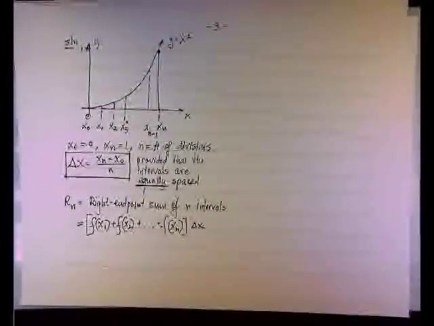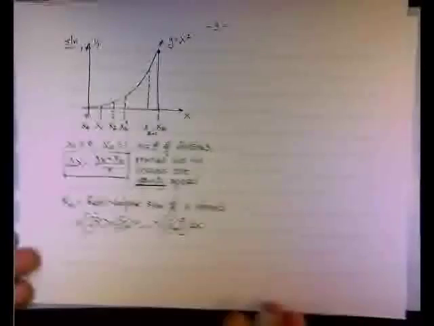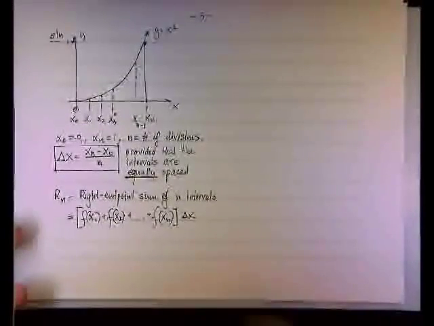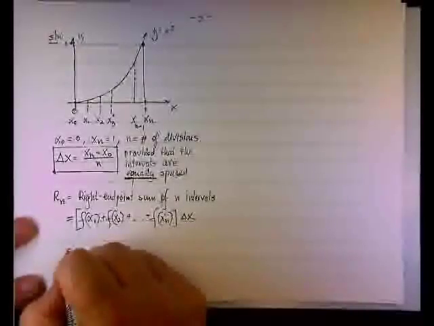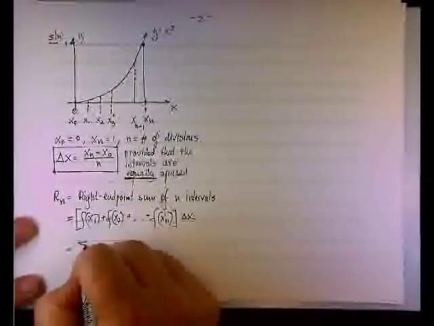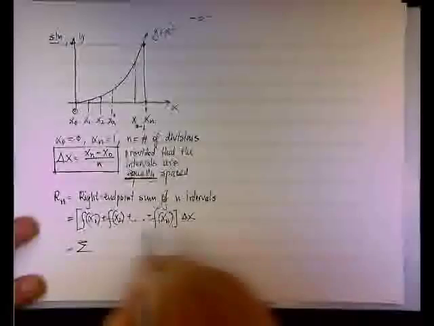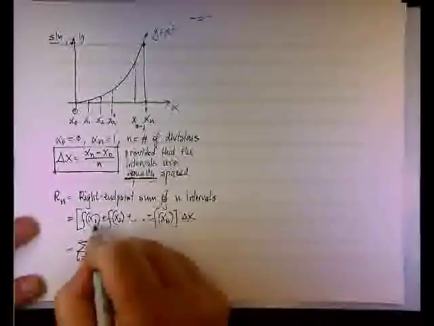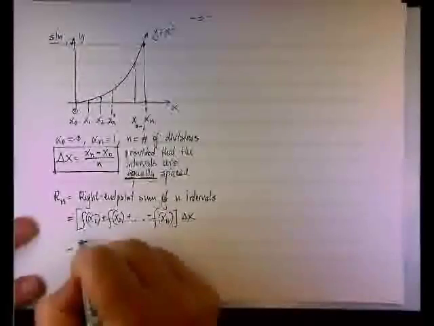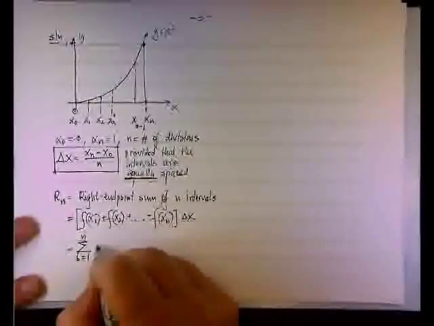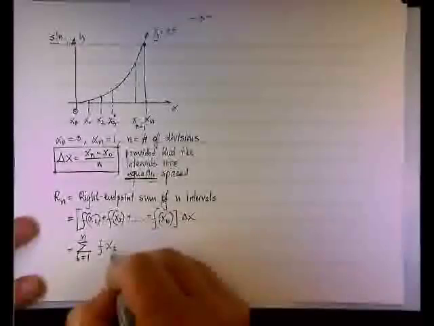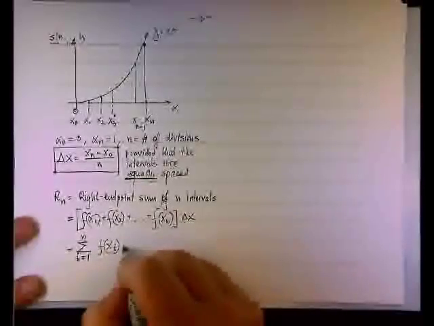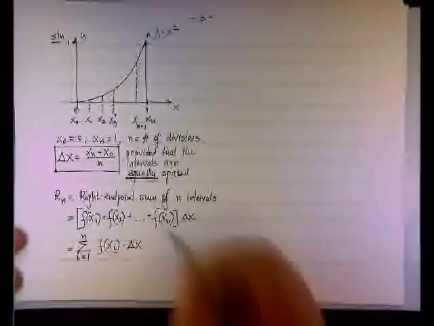Okay. Using sigma notation, we're going to say it's equal to the sum where the index i starts at 1 and ends at n, of f of x sub i times delta x.